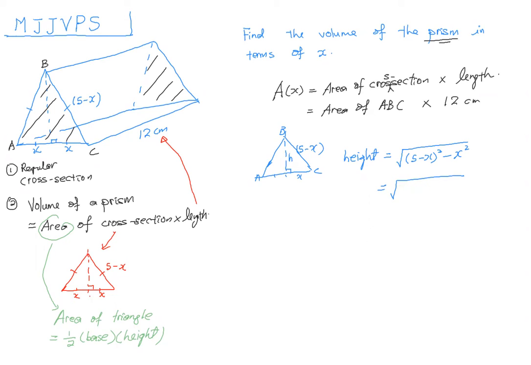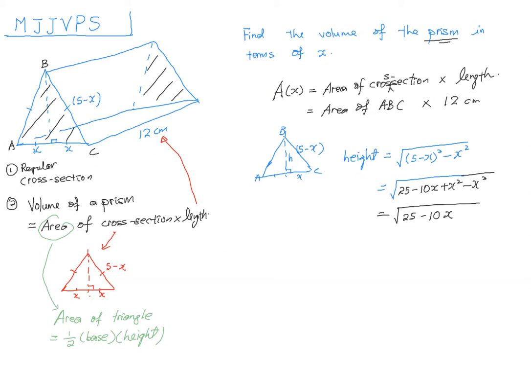I forgot already how to expand this. Do you know how to expand? Definitely I should know. Am I right? So this is the square root of 25 minus 10x.